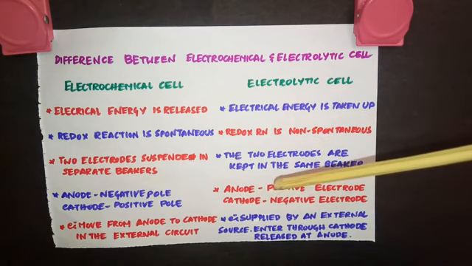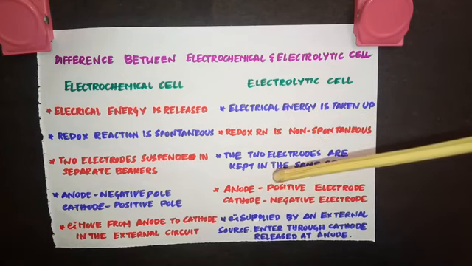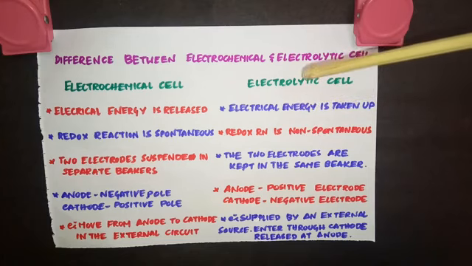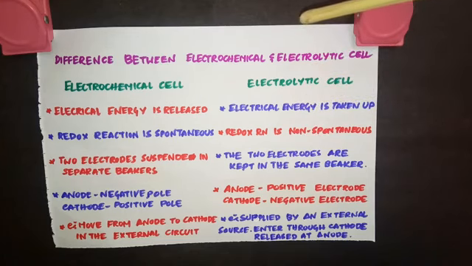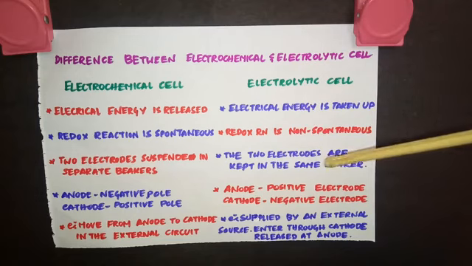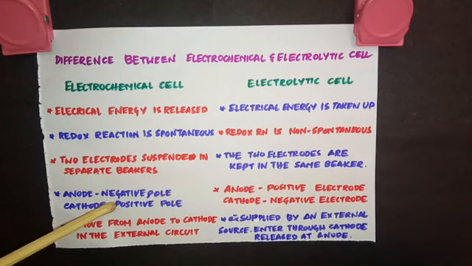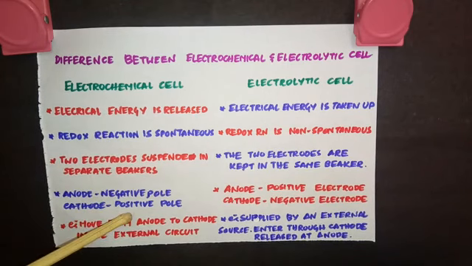In the case of an electrochemical cell, two electrodes are suspended in separate beakers. We have seen the arrangement of the voltaic cell. We had two beakers, which we call two half cells. But in the case of an electrolytic cell, the two electrodes are kept in the same beaker. And the next one: the anode in an electrochemical cell is the negative pole and the cathode is the positive pole.